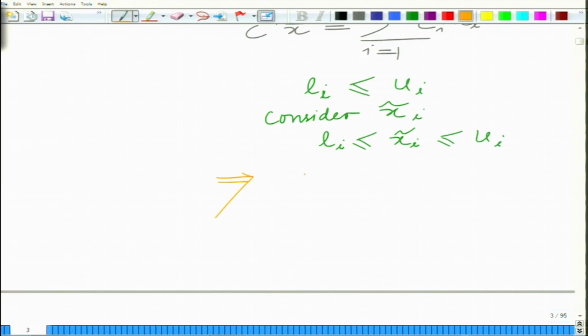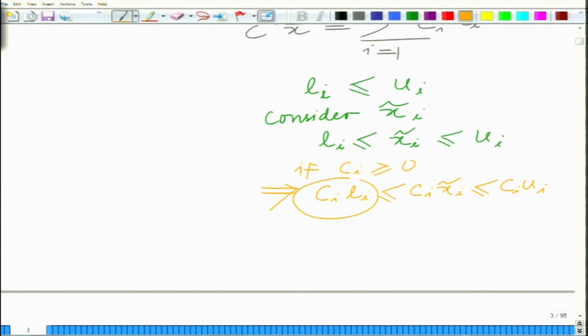If ci is greater than or equal to 0, this implies, the inequality remaining unchanged, ci li is less than or equal to ci x tilde i, which is less than or equal to ci ui. So the minimum value, if ci is greater than or equal to 0, over x tilde i lying in this box is ci li, which occurs when x tilde i equals li.